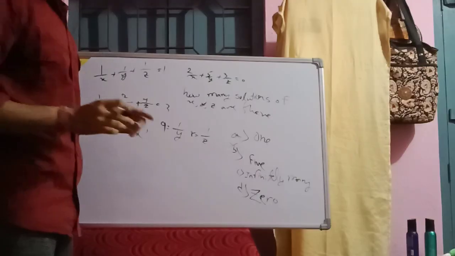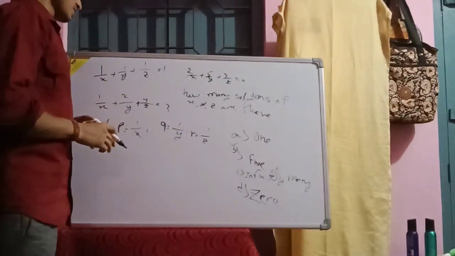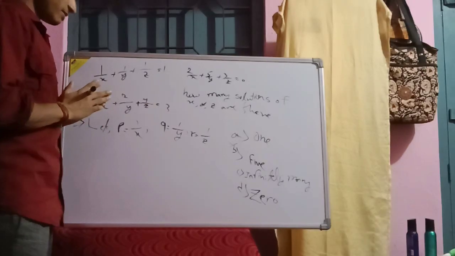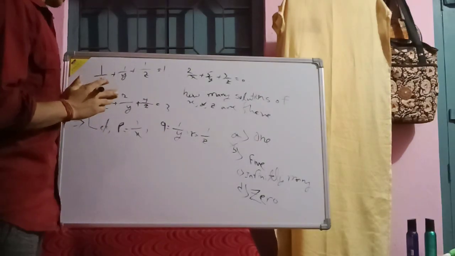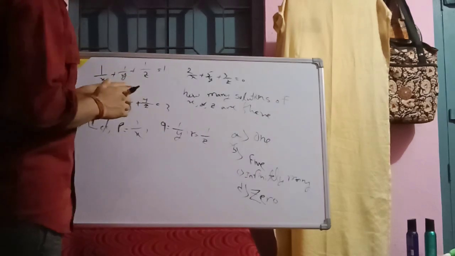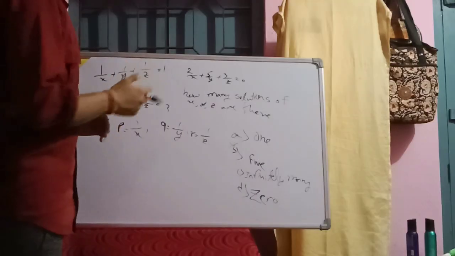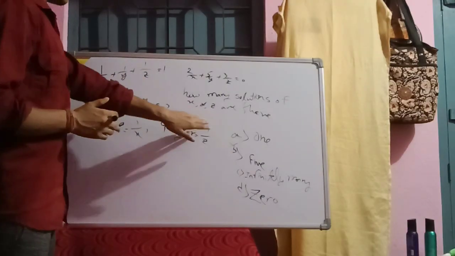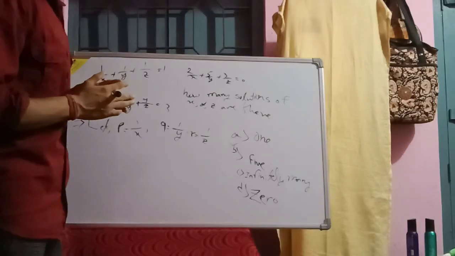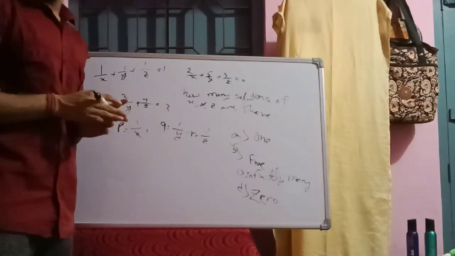Now, you might ask, why did I do this? I did this because it is going to simplify things a lot, since we won't have to take the LCM. We can just solve for p, q, and r, and after we get their values, we can take the reciprocals to get x, y, and z. Actually, we don't even need to do that.